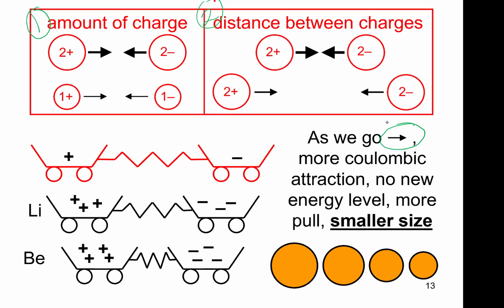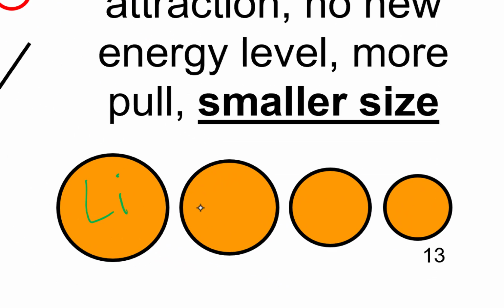So we could say maybe this is lithium, beryllium, boron, carbon. You might think those should be getting bigger. There's more protons and more electrons. However, because there's more charge and there's no new energy levels, because if this is lithium, beryllium, boron, and carbon, the highest energy level for all of them is the second energy level.